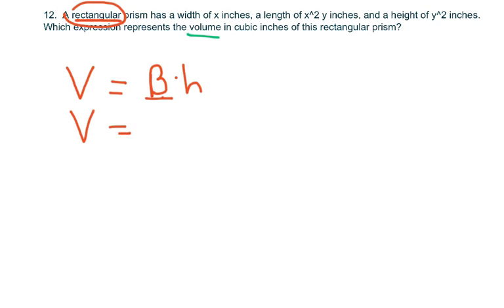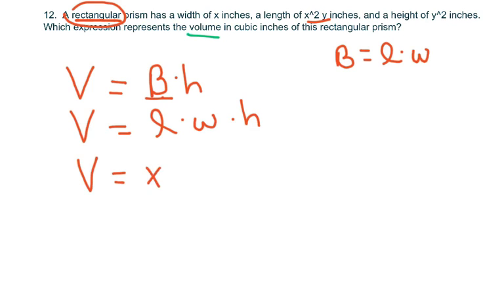So I'm going to substitute, so our base is really length times width. So that's what the big B means. You just do length times width times height. So I plug everything in, and my length is x squared y, my width is x, and my height is y squared.